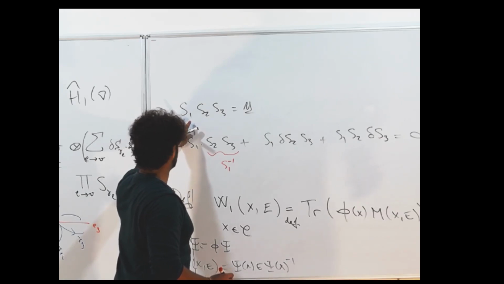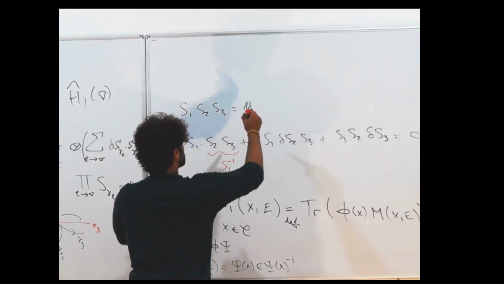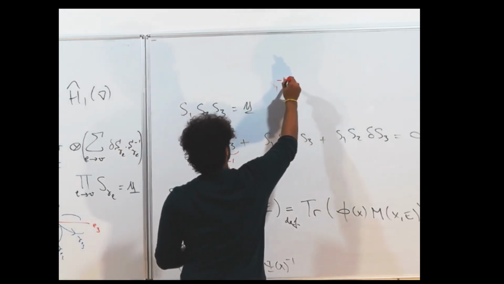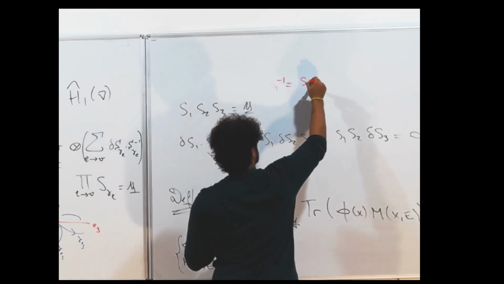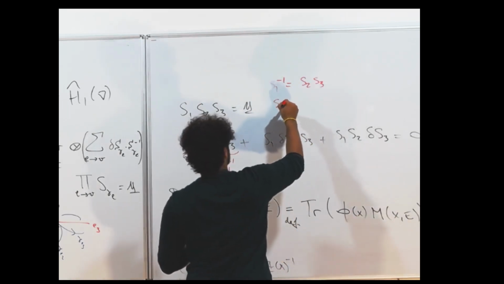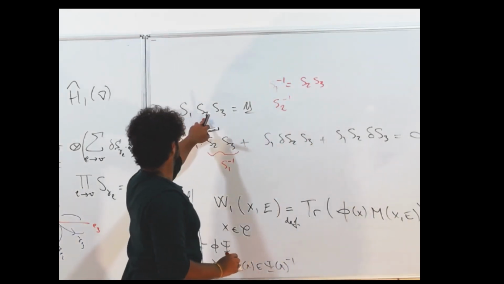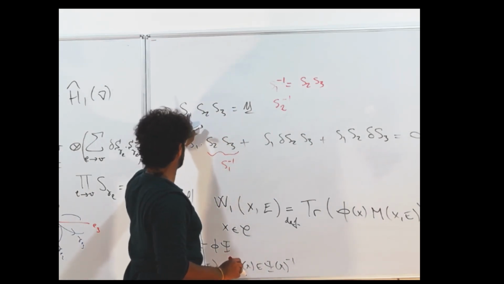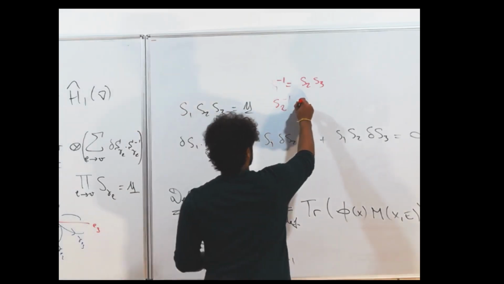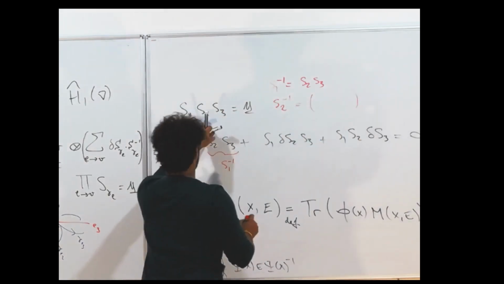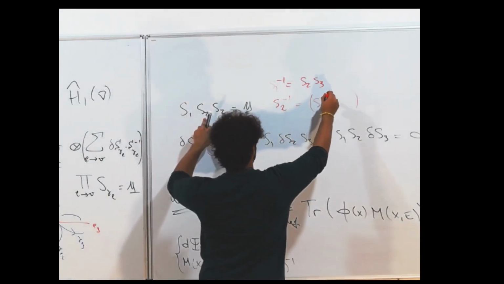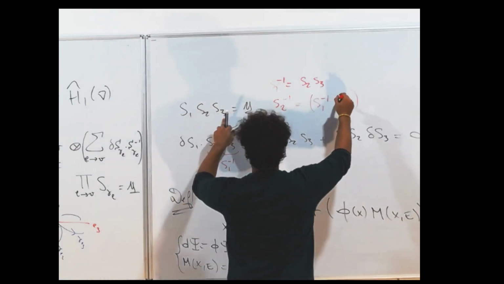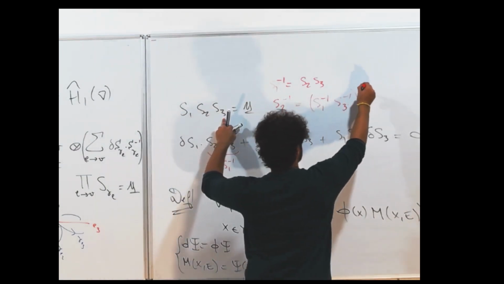So basically we want to write S2 inverse. Okay, so S1 inverse was S2, S3. Now S2 inverse is the inverse of... okay, so S2 is S1 inverse, S3 inverse, inverse.